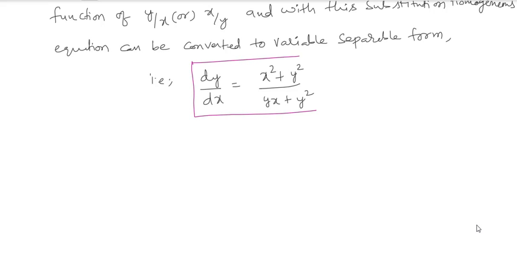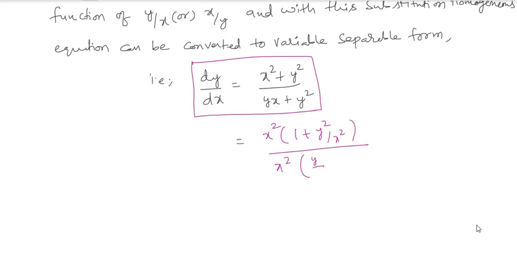Now if I want to convert this to the form of the variable separable method, what I will do is take x square as common. If I take x square as common, I will get 1 plus y square by x square divided by, again taking x square as common, y by x, so this x will get cancelled, you will have yx.